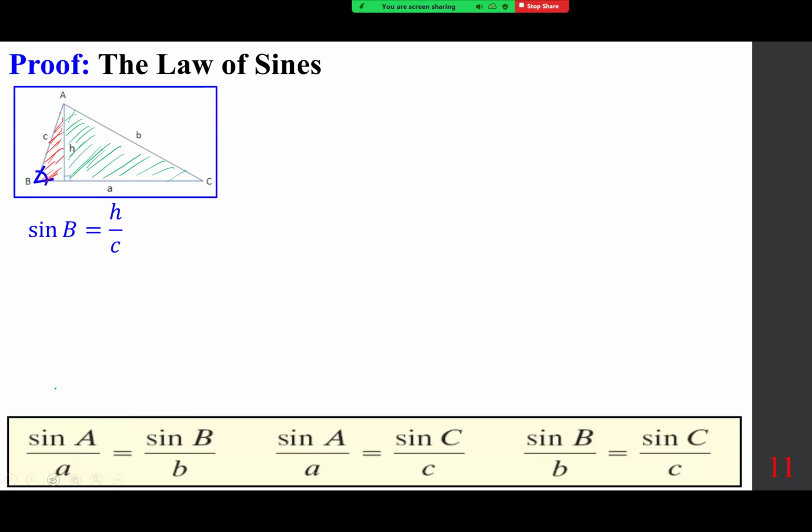So h becomes the product of these two, c sine B. It's the cross product, everybody.